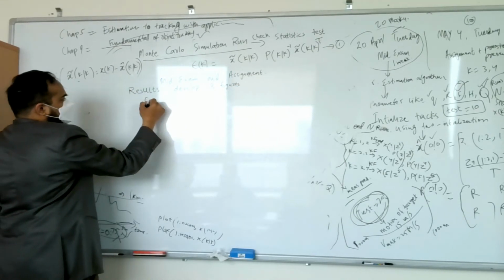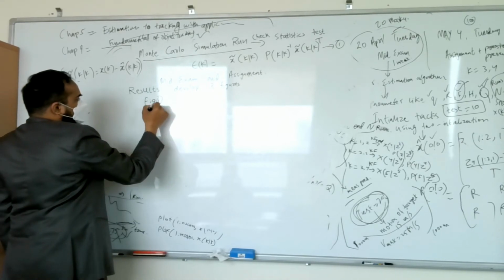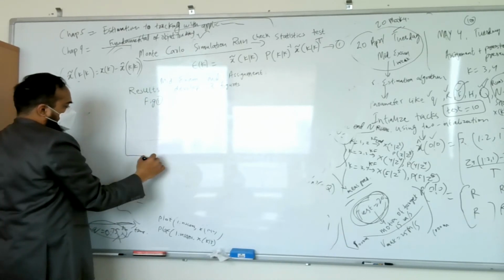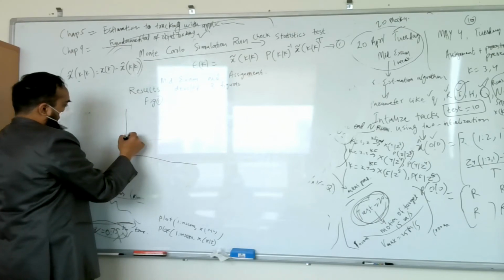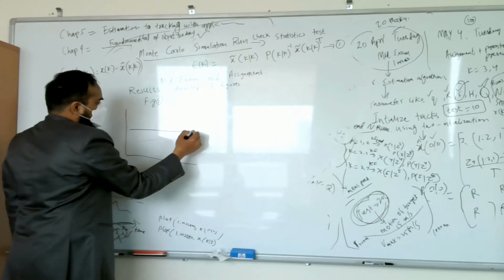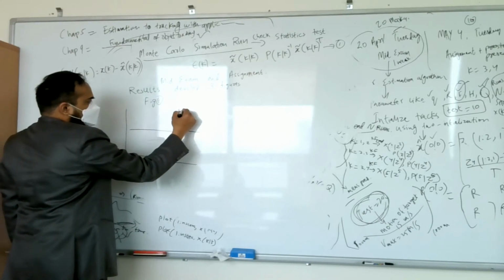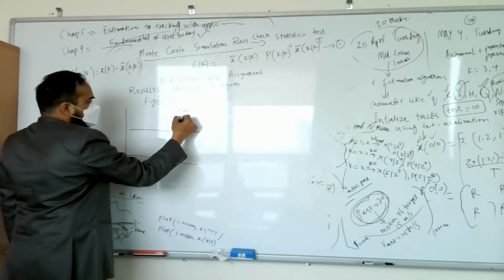The first one is a trajectory. Suppose this is the trajectory, true and estimated.